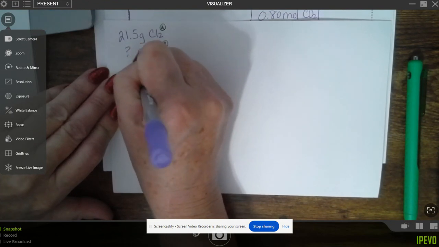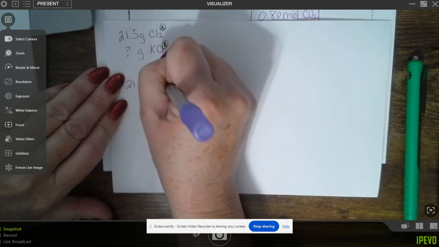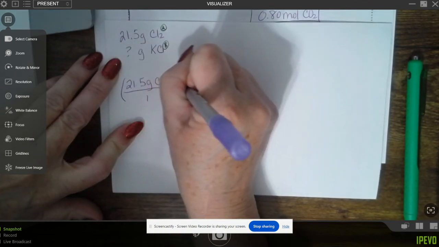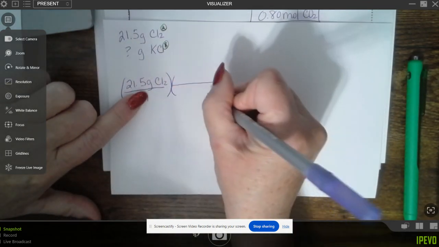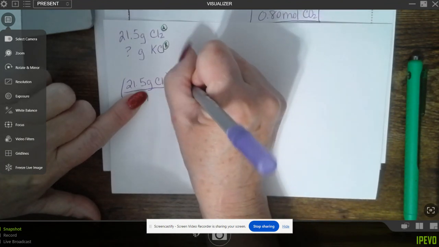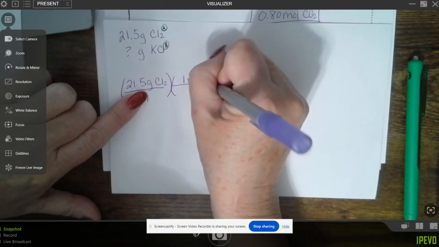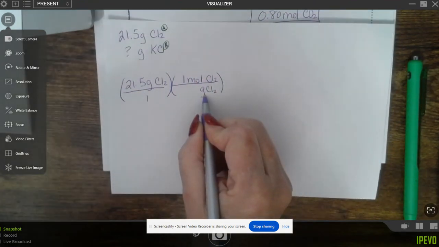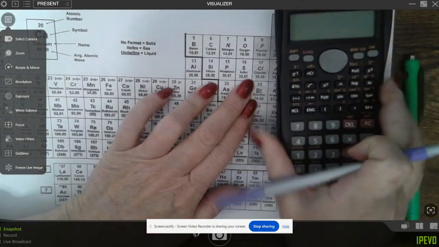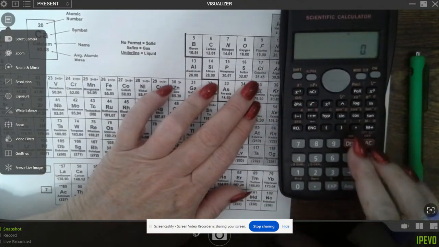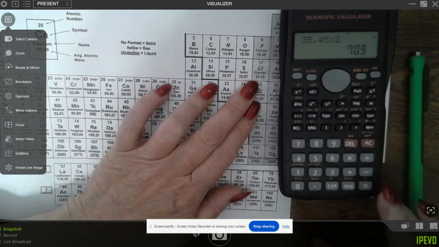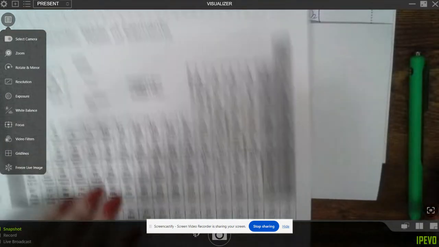21.5 grams of Cl2 over 1. Grams of Cl2 has got to go down here. So when we have grams, we know we're using the molar mass. So 1 mole of Cl2, we have to look at our periodic table to find the number of grams. So chlorine has a molar mass of 35.45, and we have 2 of them for a mass of 70.9.